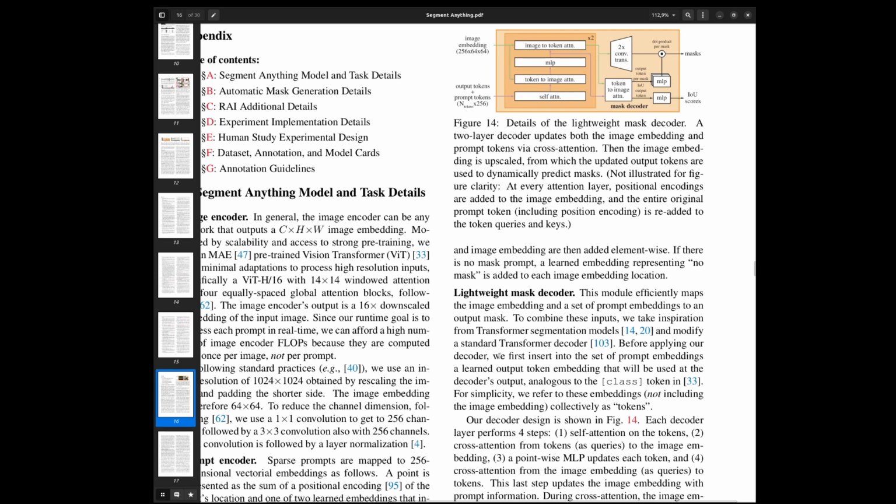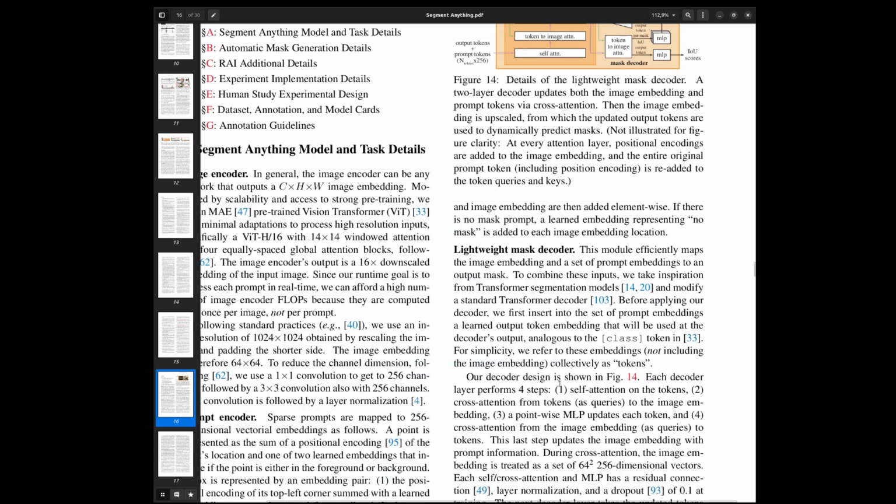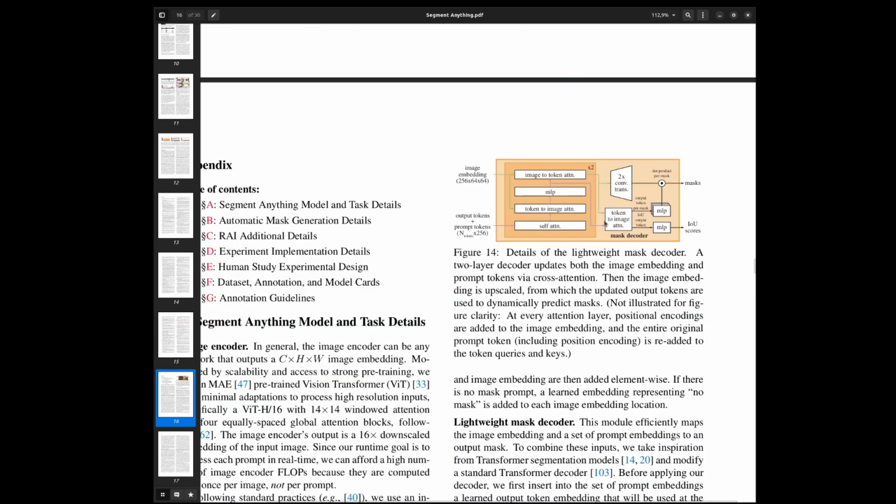Before applying our decoder, we first insert into the set of prompt embeddings a learned output token embedding that will be used at the decoder's output, analogous to the class token. Okay. For simplicity, we refer to these embeddings, not including the image embedding, collectively as tokens. The decoder design is in figure 14, so let's have a look.